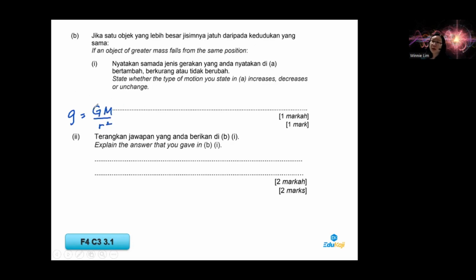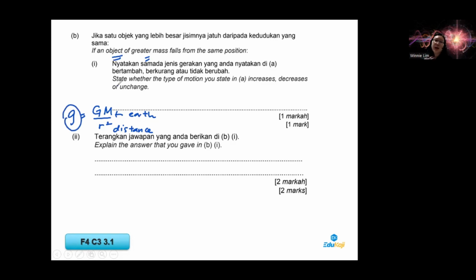So G is the gravitational constant. M is the mass of Earth. R is the distance from the center of the Earth to the center of the object that moves around the Earth. So basically, this equation does not have the mass of the object. That's why whether your object is heavier or lighter, it won't affect this value.